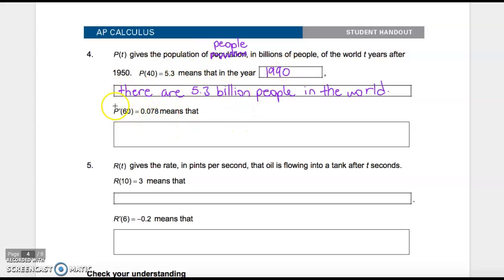Now let's talk about the derivative. So P prime of 60. First of all, 60 years after 1950 is 2010. I just want to write it in the same spot that they wrote theirs.